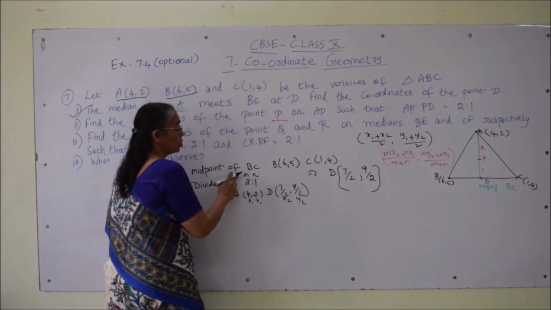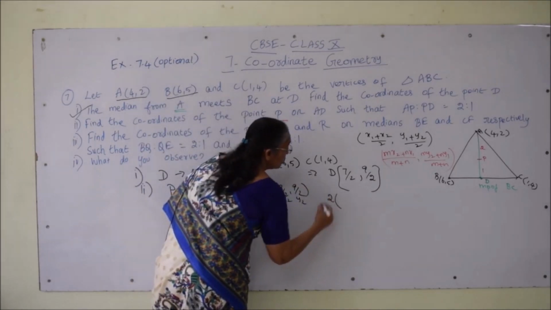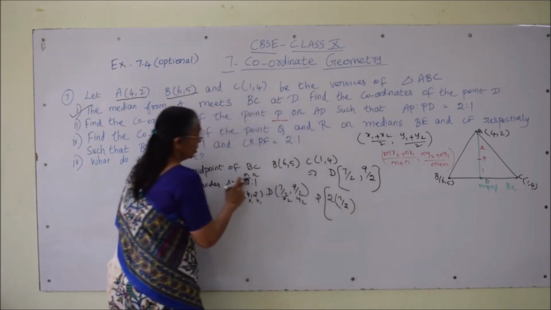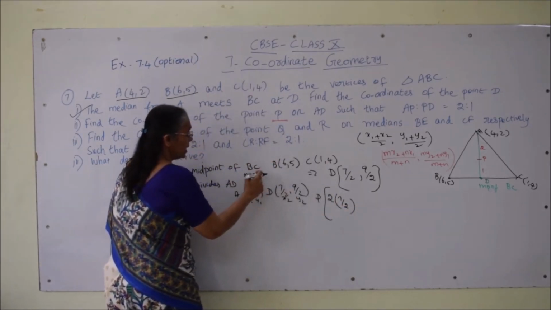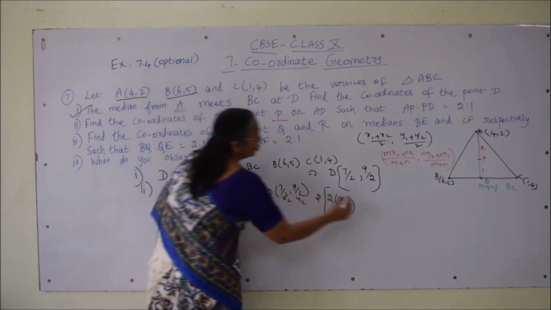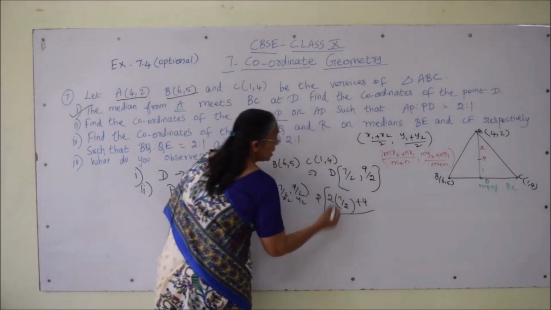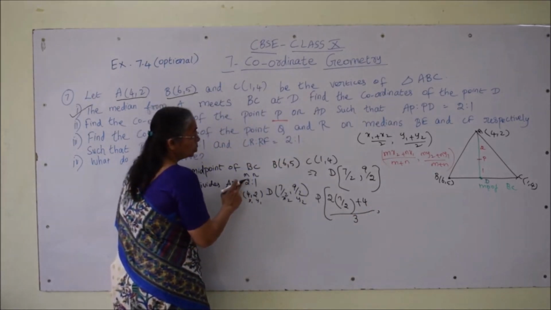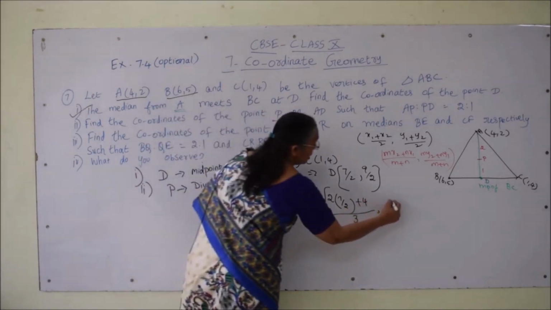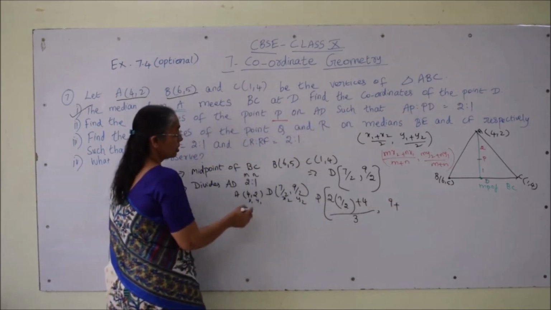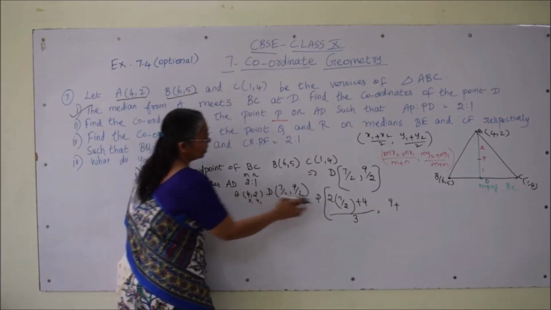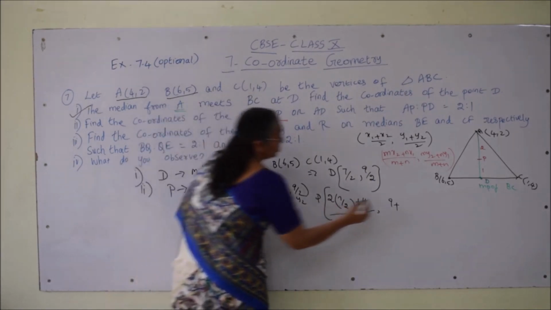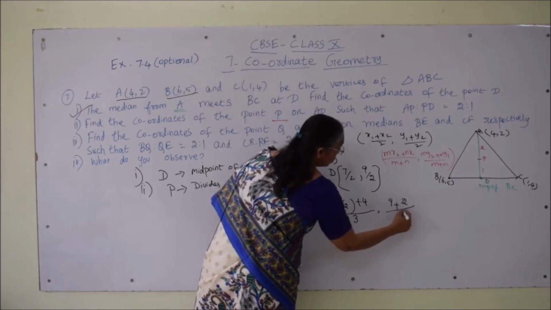So, mx2 is 2 into 7/2, plus n into x1, 1 into 4, divided by m plus n, 2 plus 1, 3. my2 is 2 into 9/2, which is 9, plus 1 into y1, 2, divided by 2 plus 1, 3.